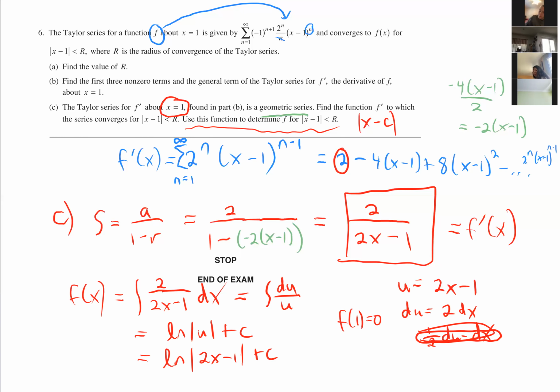So I'm going to say that, I need more room here. So it's going to be 0 equals ln of the absolute value of 2 times 1 minus 1, plus c. So it's ln of 1. So c is just 0 when you solve this. So I don't need the c anymore.